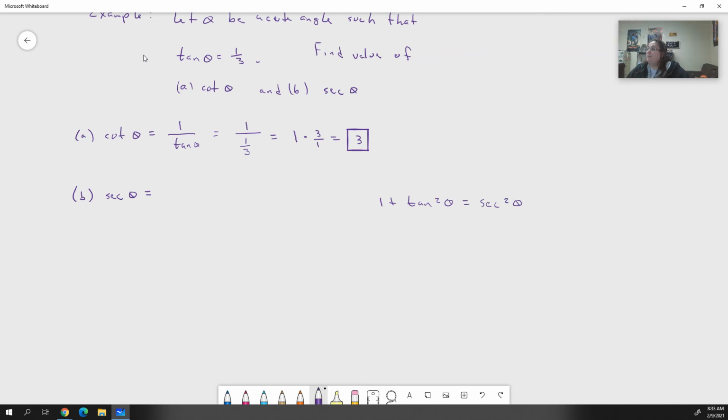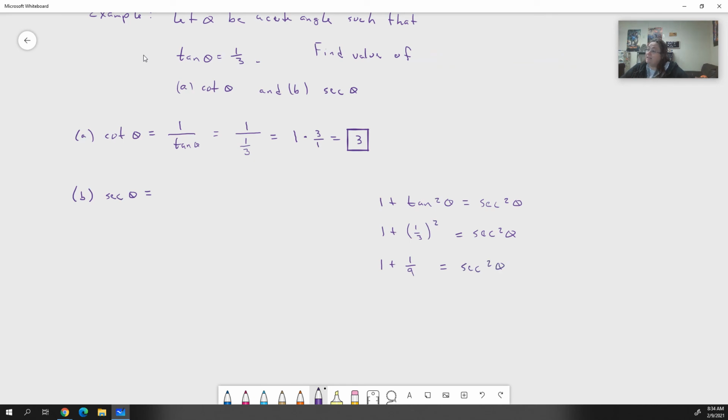And what we know about that is that tangent equals 1/3. So 1 plus 1/3 squared, because tangent is 1/3. This is tangent squared, so it has to be 1/3 squared, equals secant squared of theta. And we can just do the math on this. This is like saying 1 plus 1/9, because 1 squared is just 1, 3 squared is 9, equals secant squared of theta.